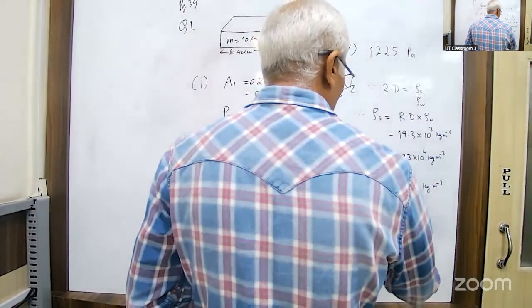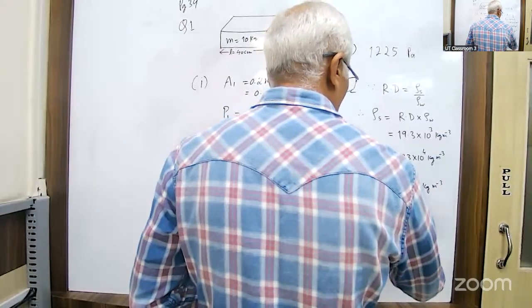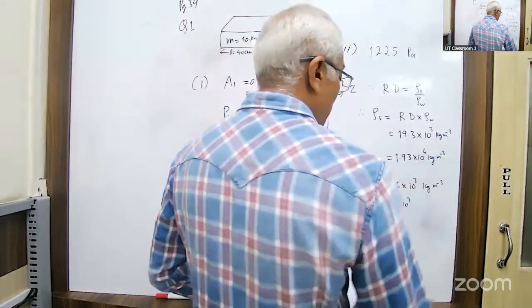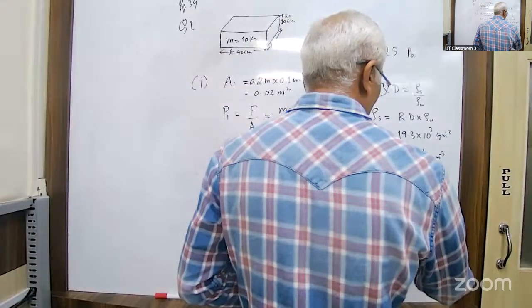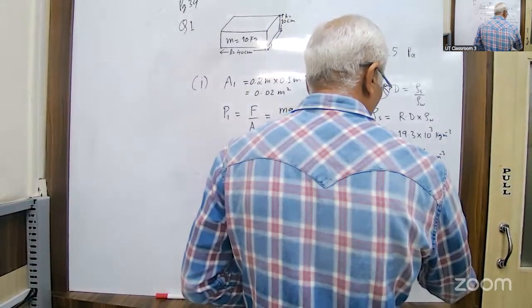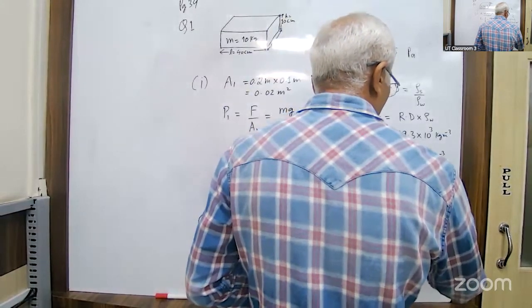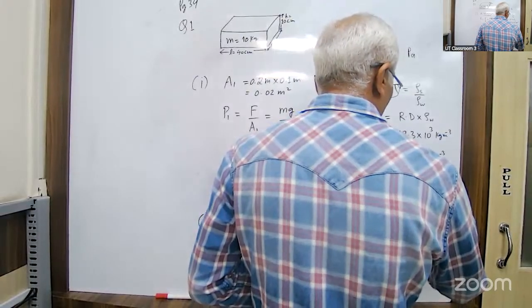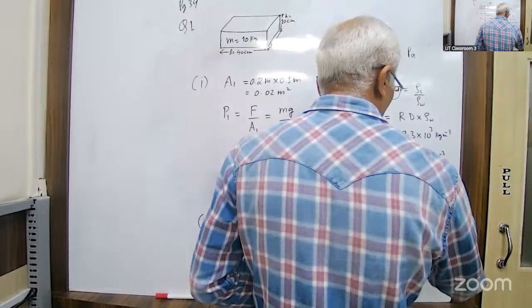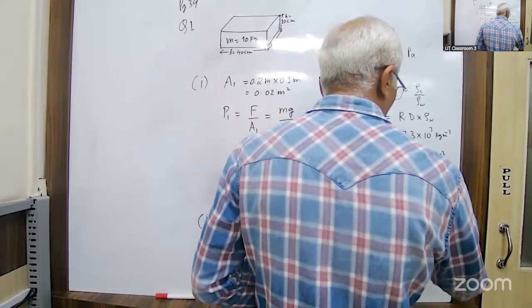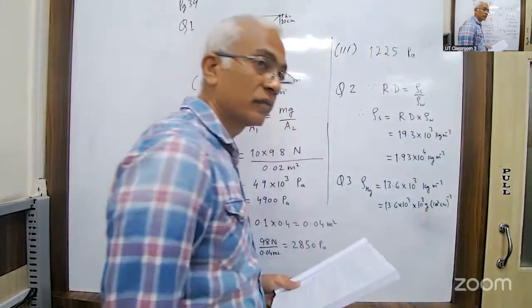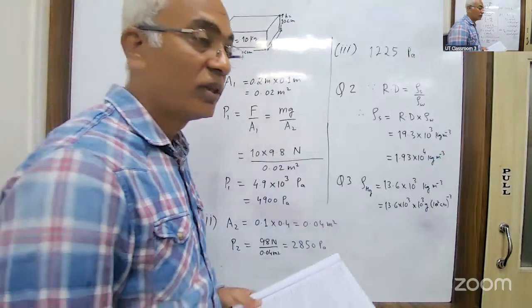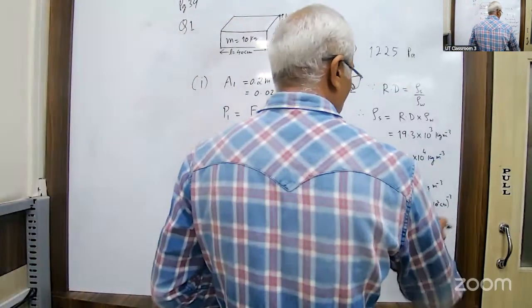So how much is this? 13.6 into 10 raised to 3 kg; 1 kg is 1000 gram, and a meter is how many centimeter? 10 raised to 2 centimeter, and the minus 3 power will come. How much is a meter? 10 raised to 2.